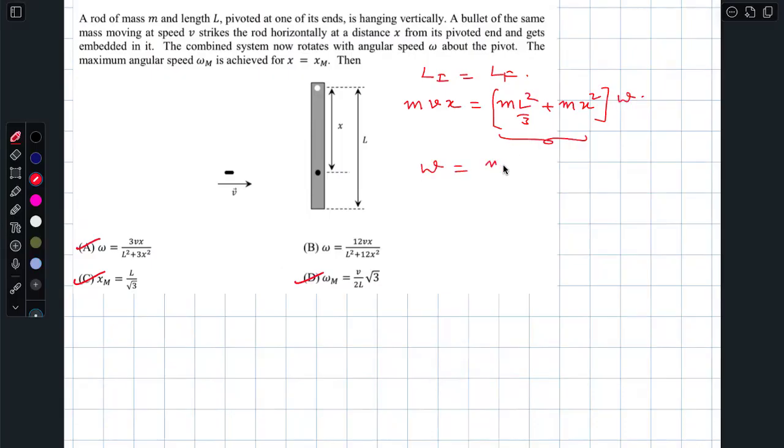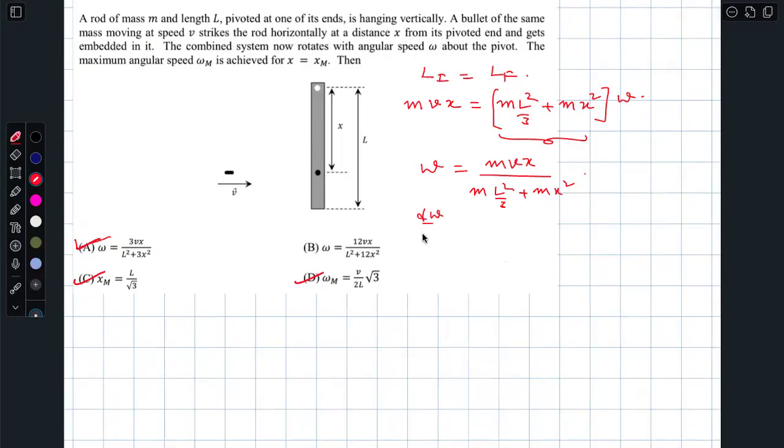Now omega contains mvx by ml square by 3 plus mx square. So option A is correct. Omega is a function of x.